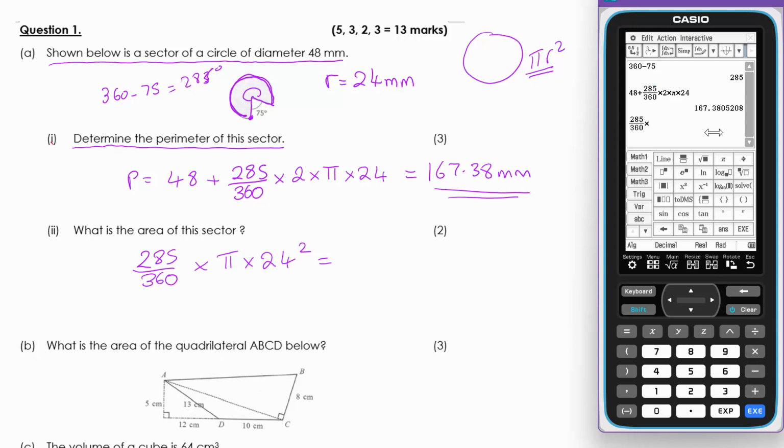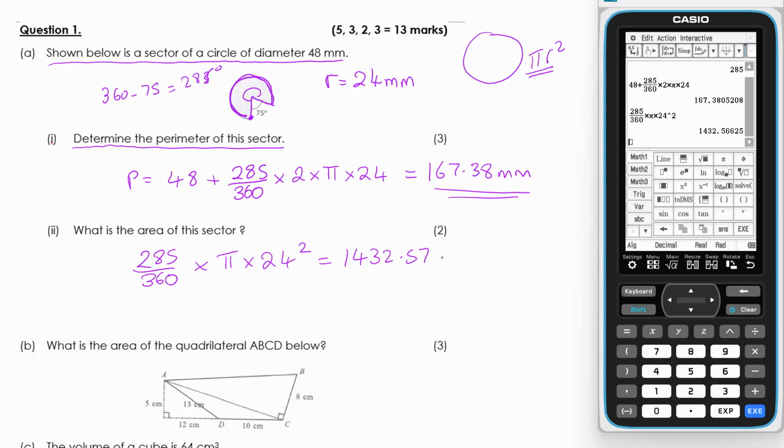And then we've got times pi times 24 squared. And that's 1432.57, and that would be in square millimeters. Remember to use the units.